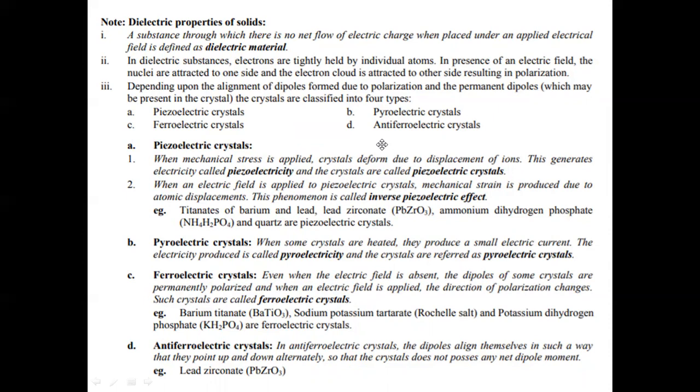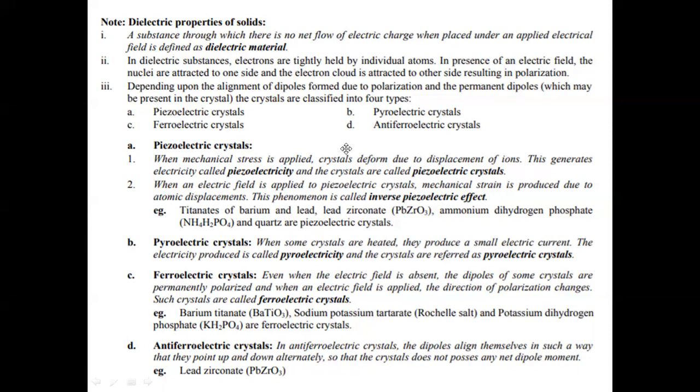In the presence of an electric field, the nuclei are attracted to one side and the electron cloud to the other side, resulting in polarization, that is, charge separation takes place. Depending upon the alignment of dipoles formed due to polarization and the permanent dipoles which may be present, crystals are classified into 4 types: piezoelectric, pyroelectric, ferroelectric, and antiferroelectric crystals.